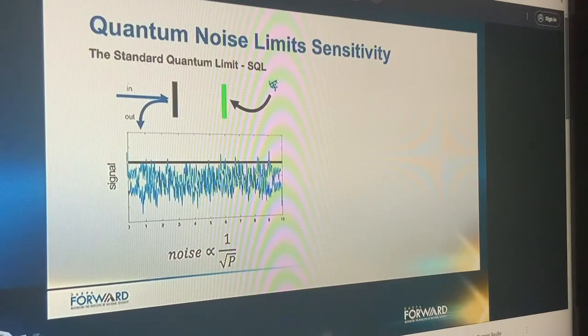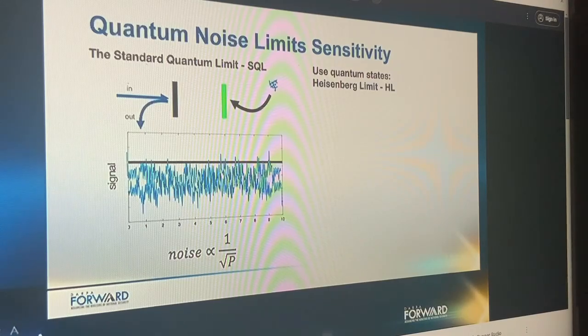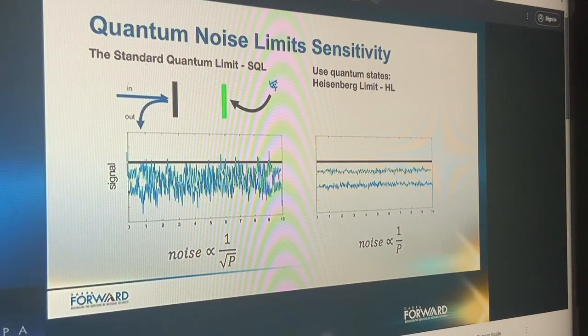And quantum mechanics tells us that basically this noise scales as 1 over square root of p. Now LIGO actually circumvents this limit. It uses quantum states to achieve what's called the Heisenberg limit, where now your noise scales as 1 over p.